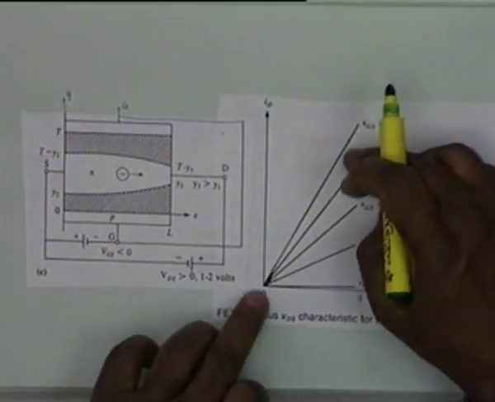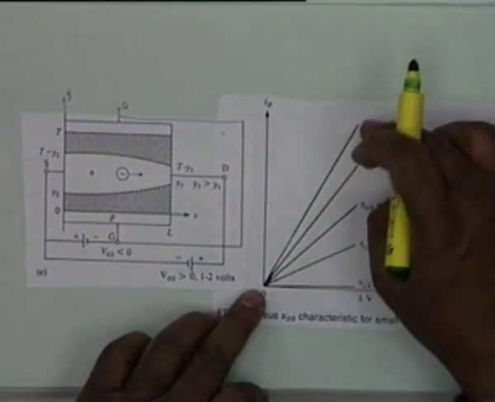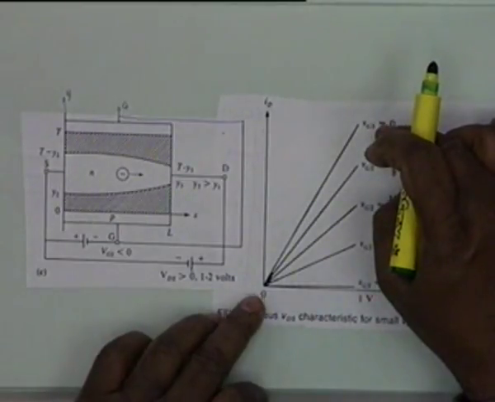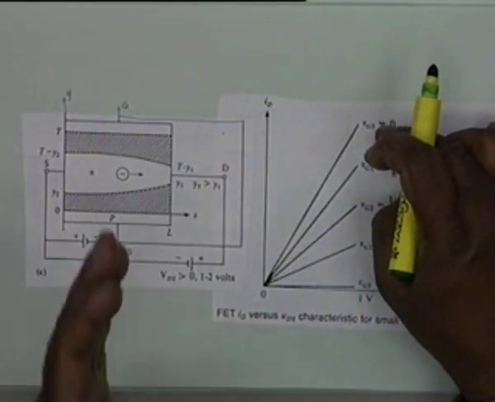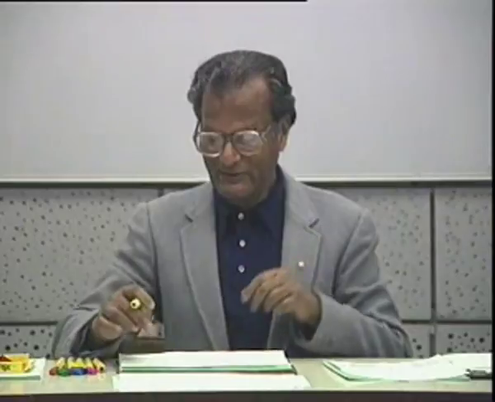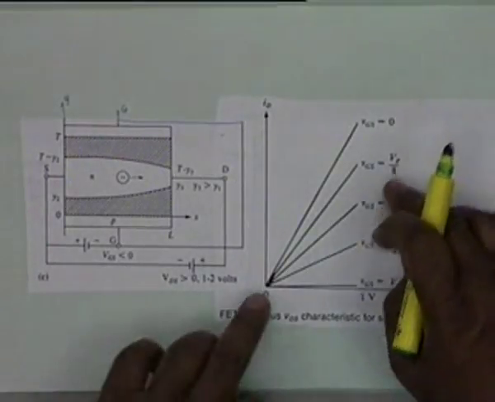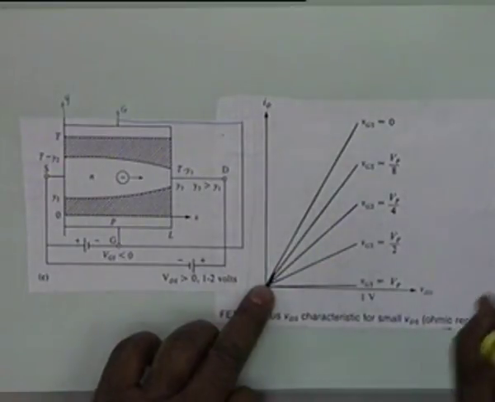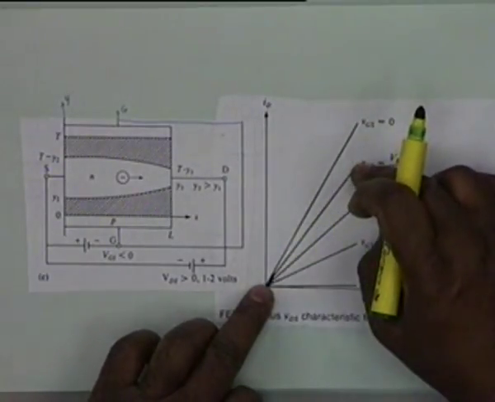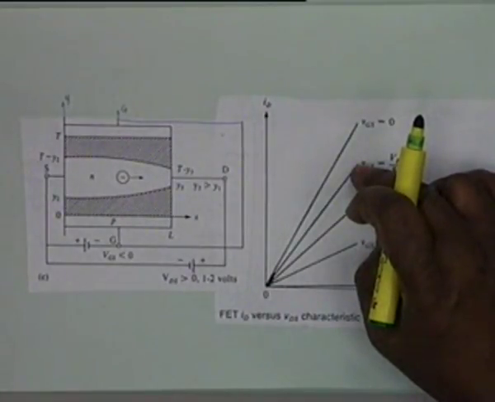Now this linear variation obviously shall be affected if VGS is made negative. If VGS is made negative, obviously the current shall decrease. So if VGS is some quantity, let's say Vp by 8, then the current shall still rise linearly, but the value of the current will decrease. Therefore the current is being controlled by VGS.